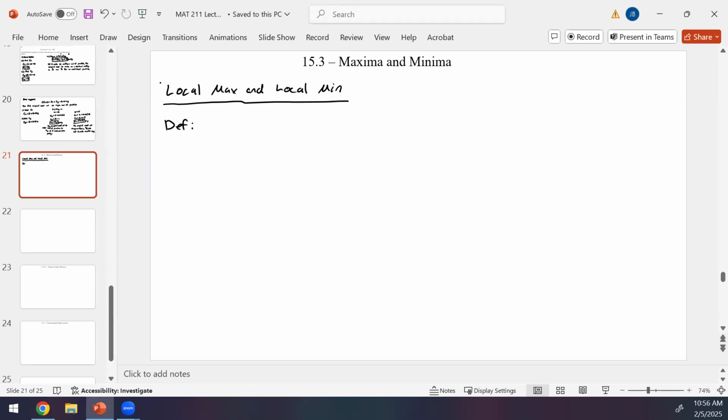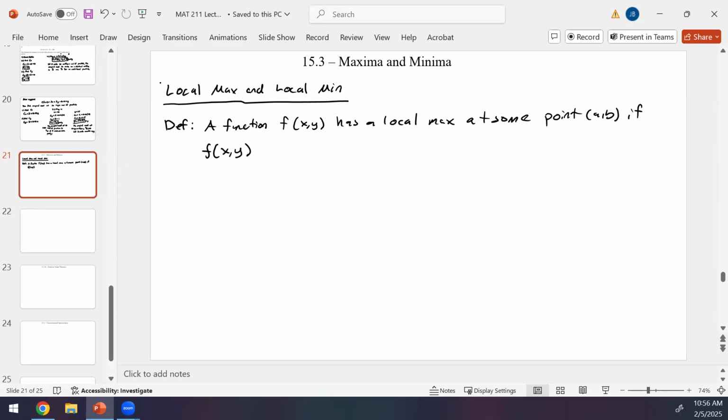So, starting off with a definition, a function f of x,y has a local max at some point a, b, if you pick any essentially z value, which is like our y value, f of x,y is less than that point that you pick, at the z value, for any point nearby.